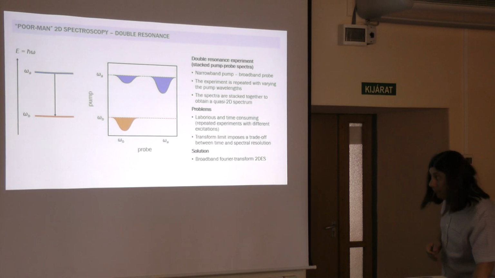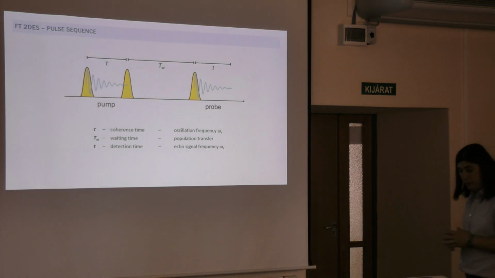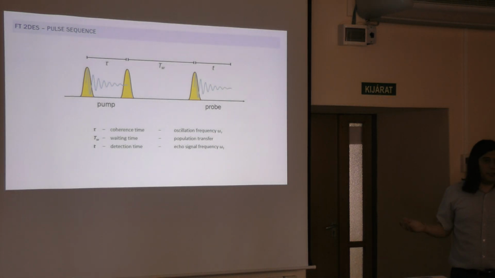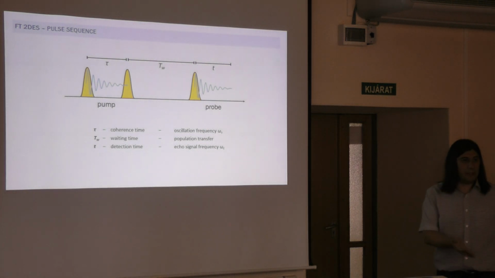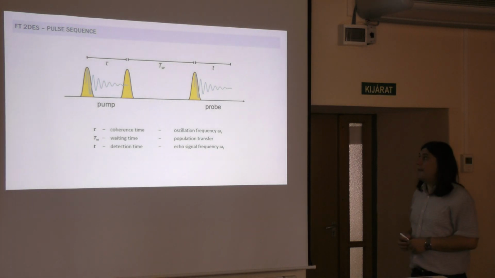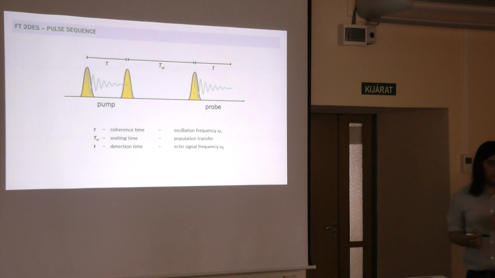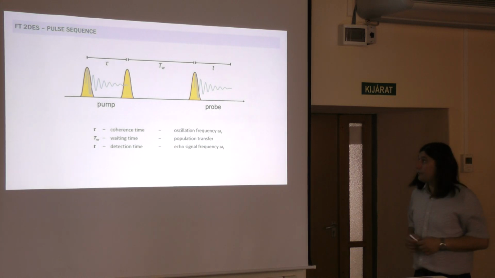What we can do then is Fourier transform spectroscopy. And you know FTIR or NMR, it's Fourier transform spectroscopy. The concept is exactly the same. We measure the signal in time domain or in space domain if you want, and then Fourier transform it to get the frequency domain in inverse seconds or inverse centimeters.